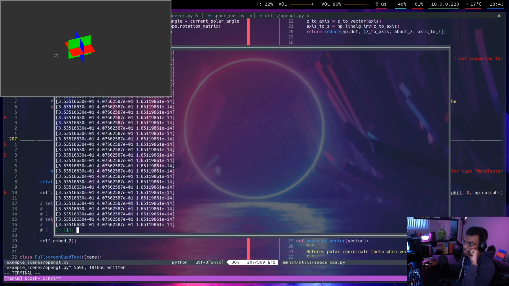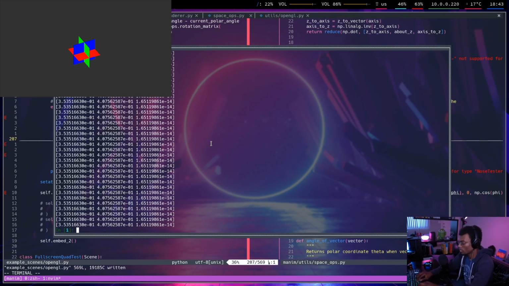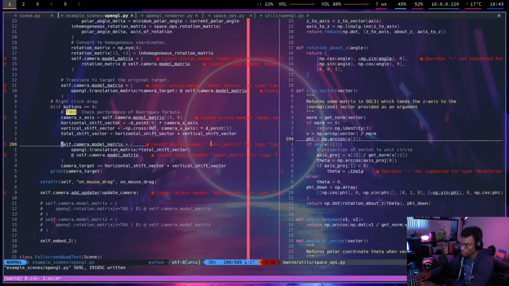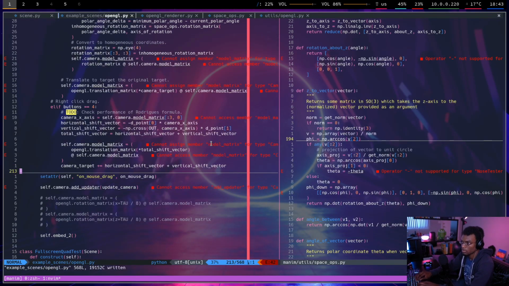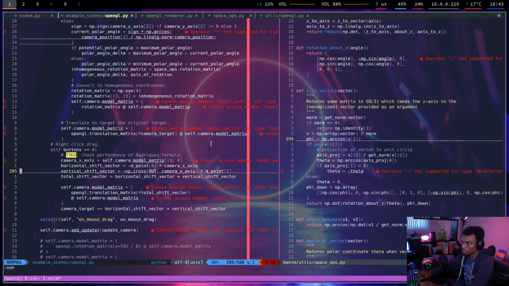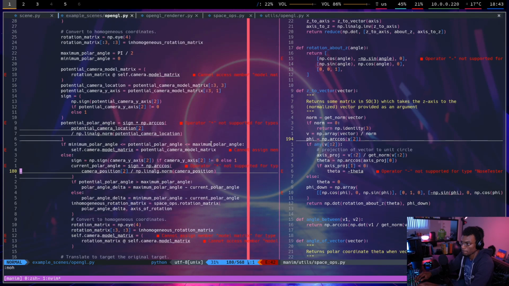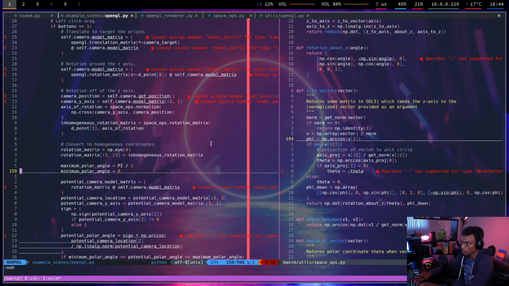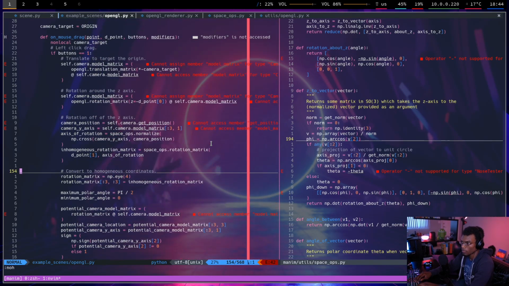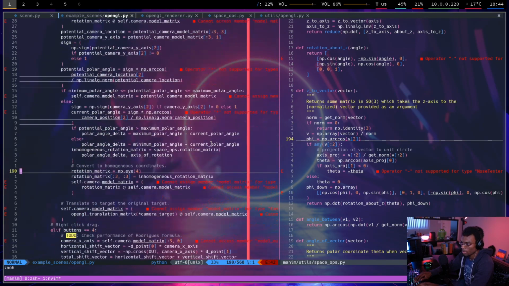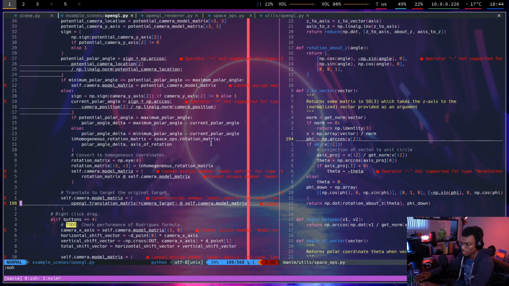Okay, that's a pretty neat effect. So let me stop the printing. This rotate to the original target. Cool.